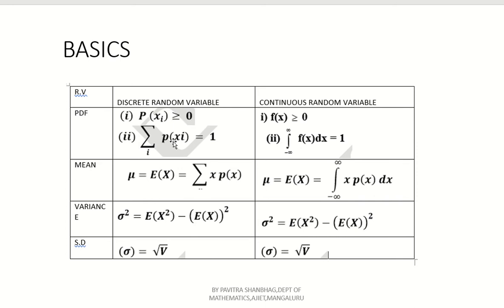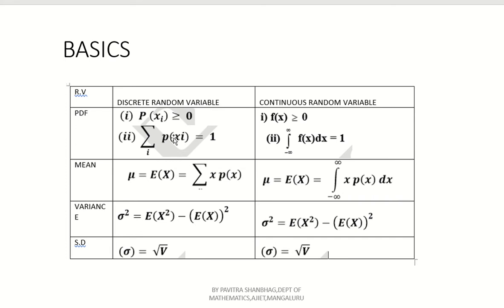Suppose there are 4 values x1, x2, x3 and x4, and there is a probability for each, that is p of x1, p of x2 and so on. If you add them, you should get the answer equal to 1. If these two conditions are satisfied, then only we can say that the given function is a probability density function.